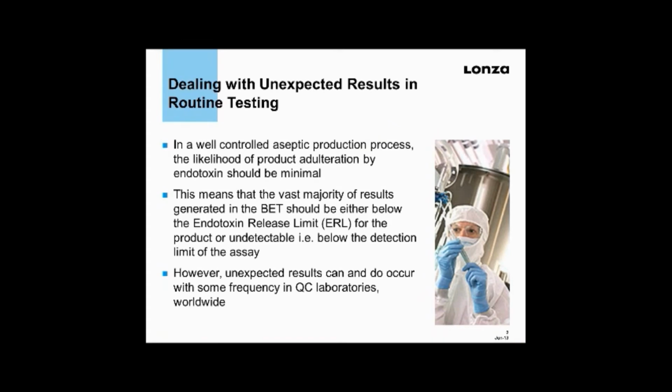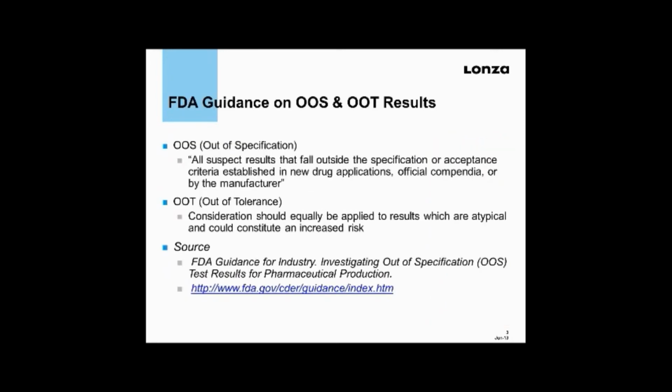Well, the standard document that provides some guidance for dealing with out-of-specification or out-of-trend results is the FDA guidance for industry. There's the web address there for that document. It provides definitions for what is classified as out-of-specification and also out-of-trend.